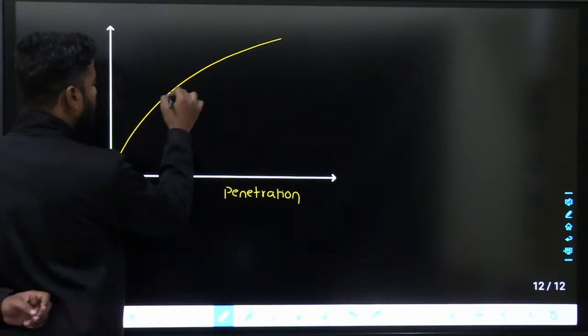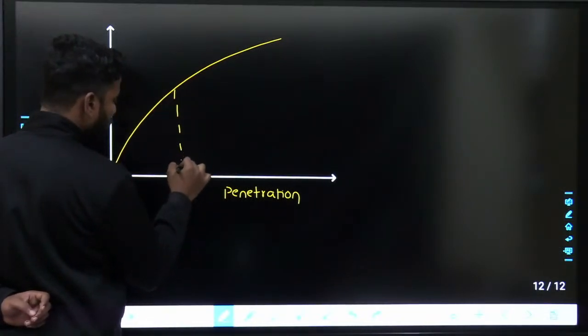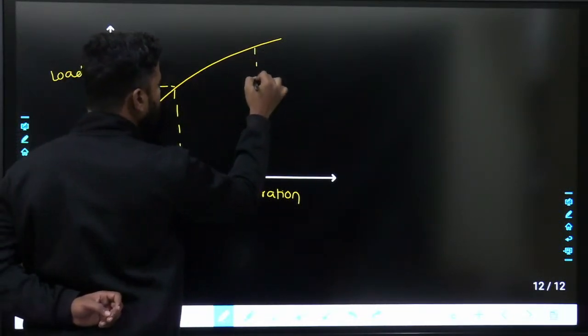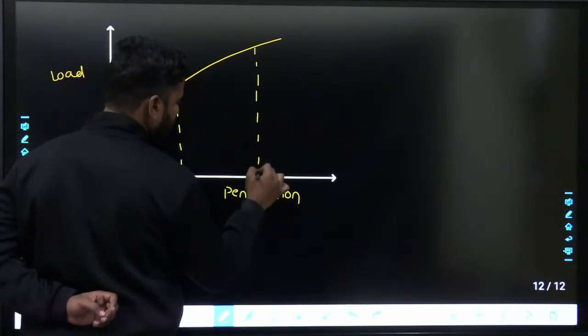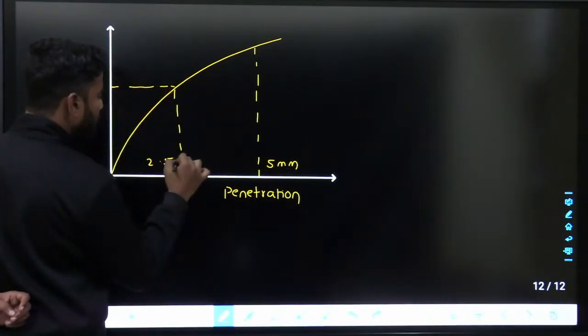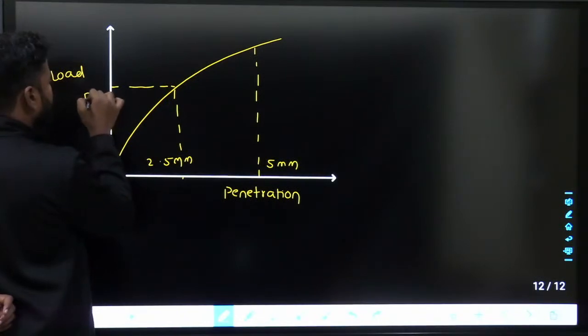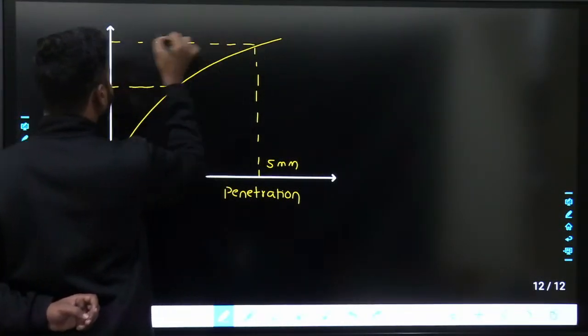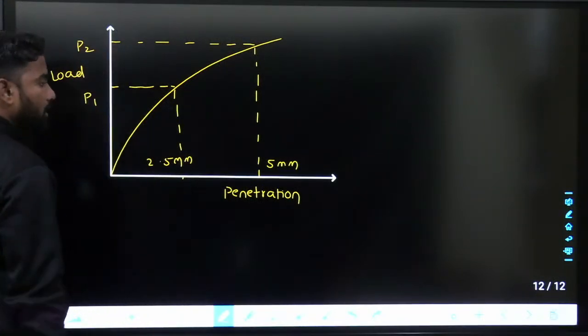So at 2.5 mm penetration, what is the load you will be seeing? At 5 mm penetration, what is the load you will be seeing? This is 5 mm penetration, this is 2.5 mm penetration. What is the load? If I say this is P1 and P2, that is also taken as load carrying capacity.